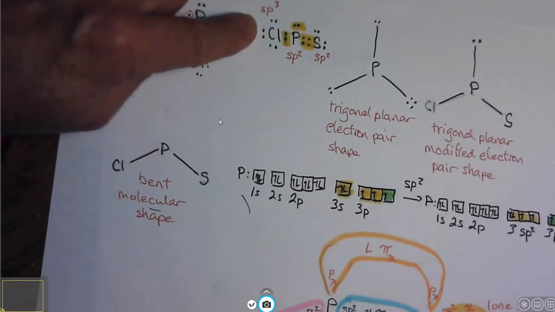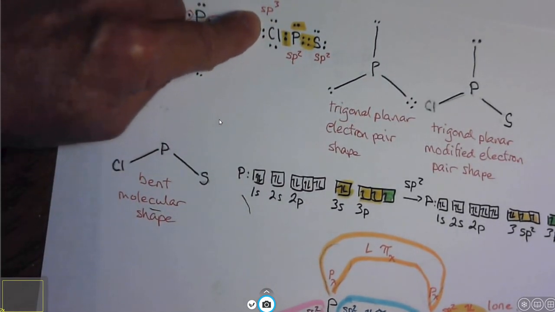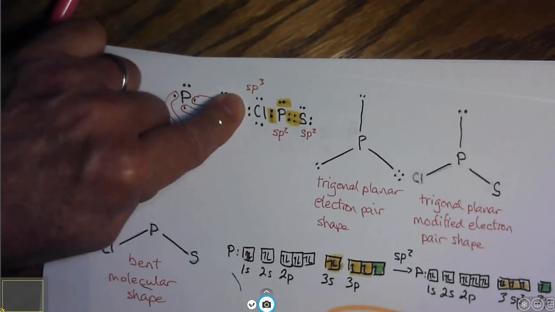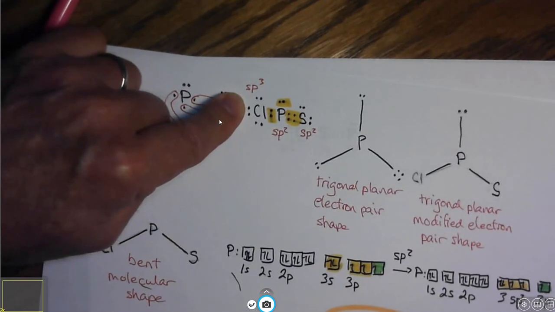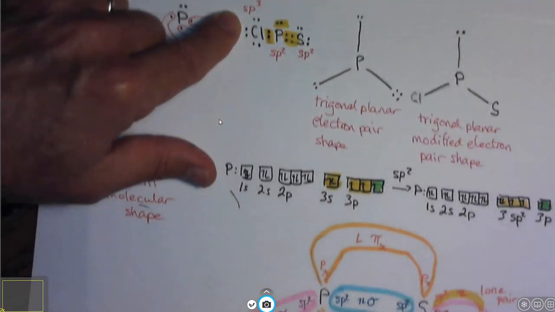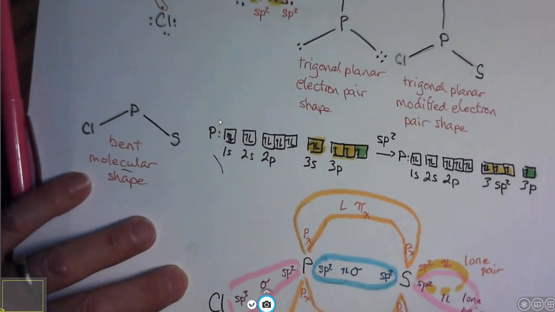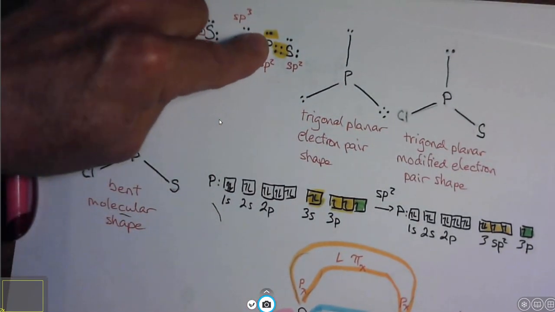But the hybridization of the carbon is, what is it? I'm sorry, on the chlorine. What's the hybridization of the chlorine? Oh, wait, is that a 3? That is a 3. sp3. Okay, the one thing we haven't drawn yet is the lone pair.